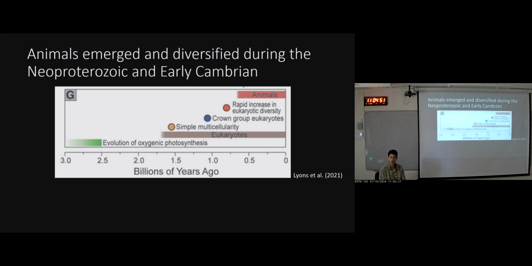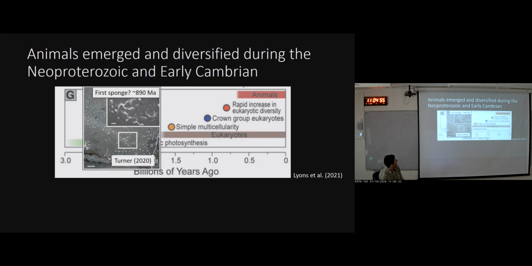The first fossil that is maybe an animal is dated to 890 million years ago and is thought to be a fossil of an early sponge. But this sponge was a lonely one for a long time.